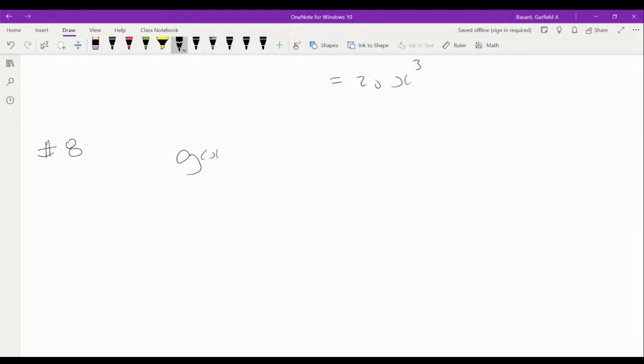It says g of x is equal to x to the 7th times 4.8 to the x power. So that's g of x is equal to x to the 7th times 4.8 to the x power.